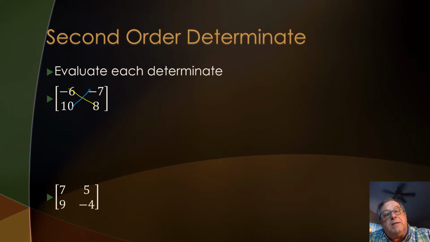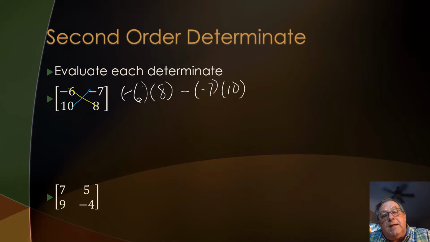So we would say -6 times 8 minus -7 times 10. -6 times 8 is -48. And then we've got -7 times 10, which is -70.